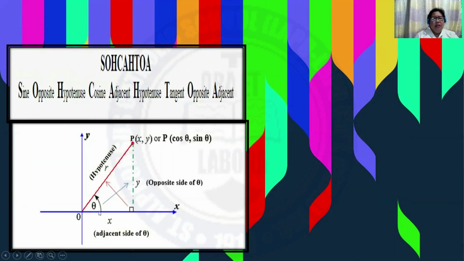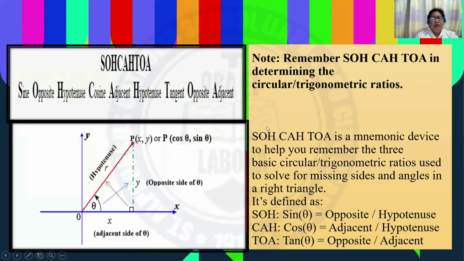SOH-CAH-TOA, wherein S stands for sine, O opposite, H hypotenuse; C cosine, A adjacent, H hypotenuse; T tangent, O opposite, A adjacent. Now in this figure, if this is the reference angle represented by theta, this is the opposite side. This is the hypotenuse, opposite of the right angle. And this side is the adjacent side of the reference angle. You have to remember SOH-CAH-TOA in determining the trigonometric ratios.